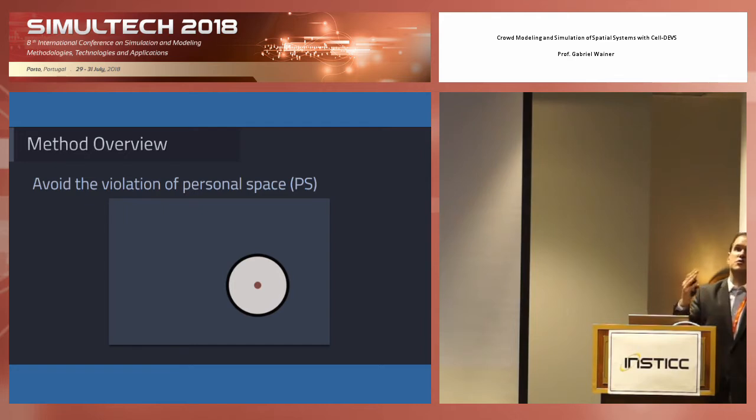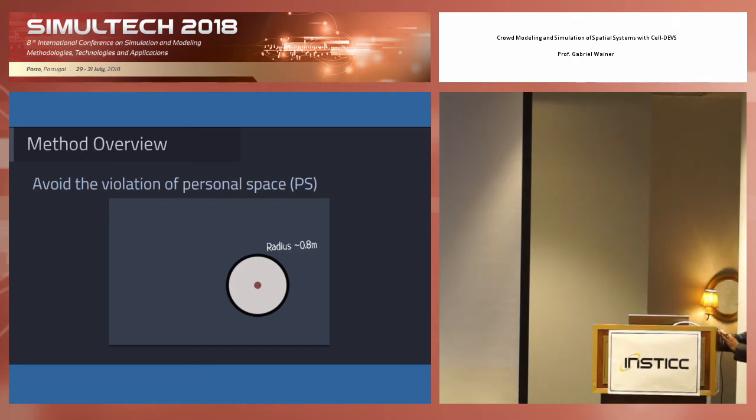Albany, it's a smaller city. There's something in between. Every person can have their own personal space different from the other, okay? Normally, when you see crowd modeling, the radius considered for a person is 0.8 meters. Okay, this is the standard metric that's used, and we use that as default, but we can change it.